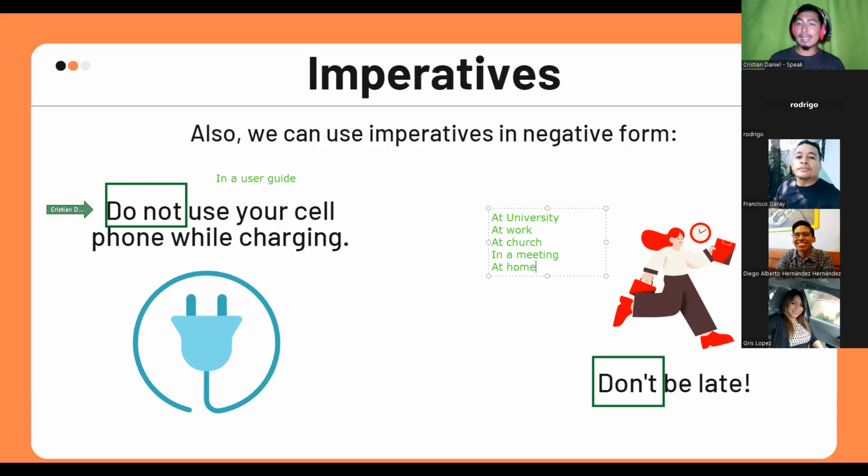And in some cases, guys, when we had permission to go out, our mom or our dad told us, hey, you need to be here at 9 p.m. Don't be late. And that was all we needed to listen. After that, we knew that we needed to be at home at 9.